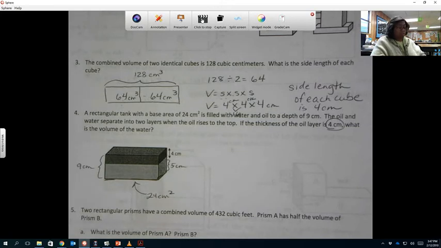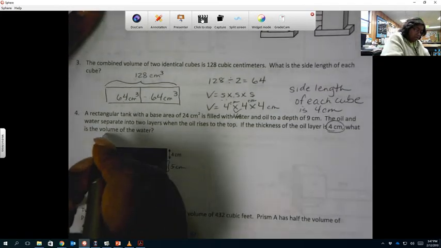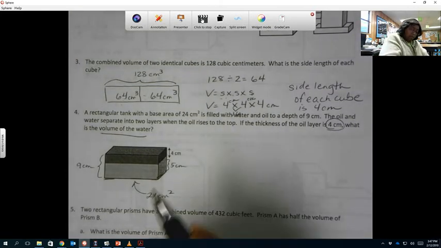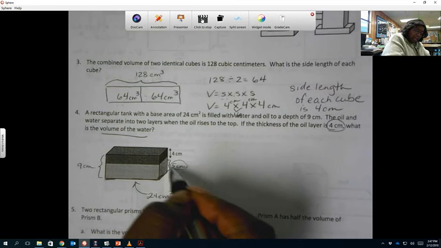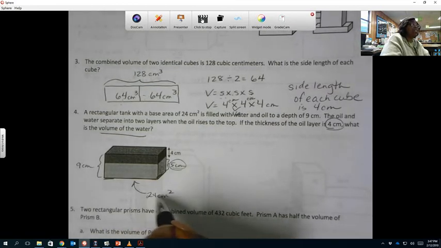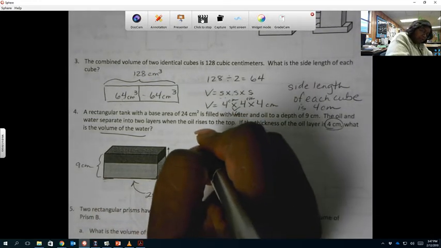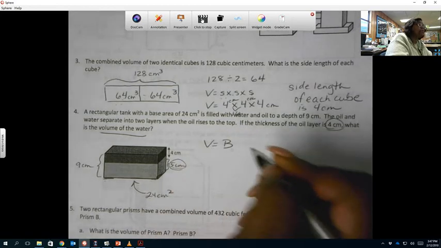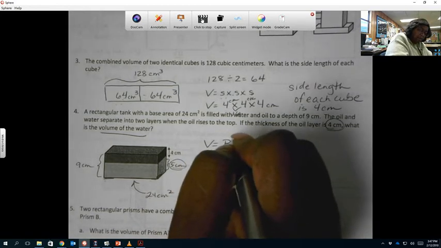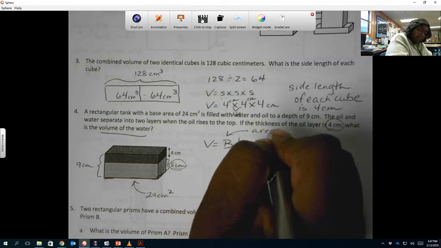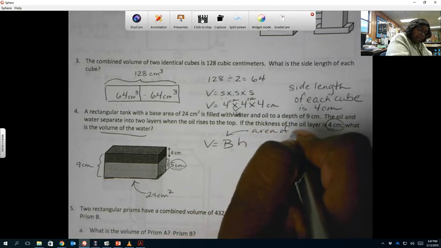So now we need to find the volume of the water. Well, let's see what we know. We already know the height of the water is 5. We know that the base area is 24. So I already know the length and the width. So volume equals base times height. Remember that this is our area of a face.